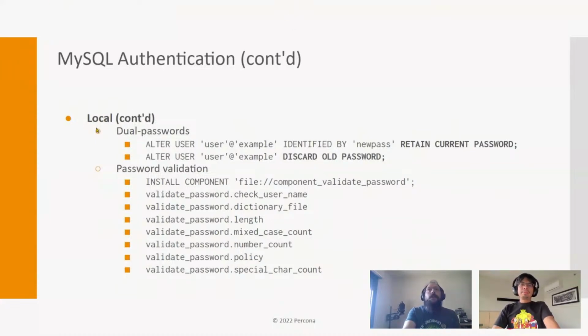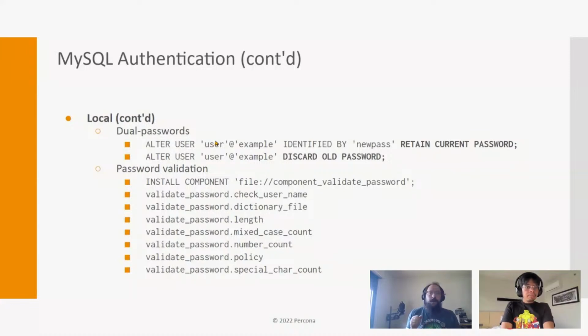Okay, continuation of local authentication. Sometimes when you are rotating passwords and you have hundreds of application servers, rotating the password is not so easy. And there is a feature that makes this much, much easier, which is dual passwords. Basically, I can have a user that has two valid passwords.